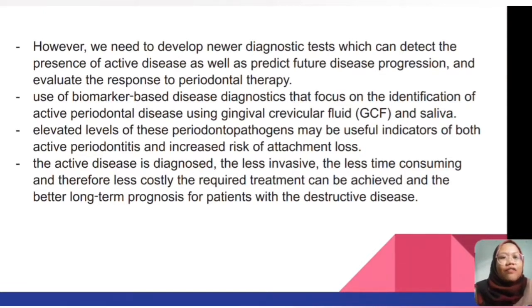Elevated levels of these periodontopathogens may be useful indicators of both active periodontitis and increased risk of attachment loss. The earlier active disease is diagnosed, the less invasive, the less time-consuming, and therefore the less costly the required treatment can be, and the better the long-term prognosis for patients with destructive disease.